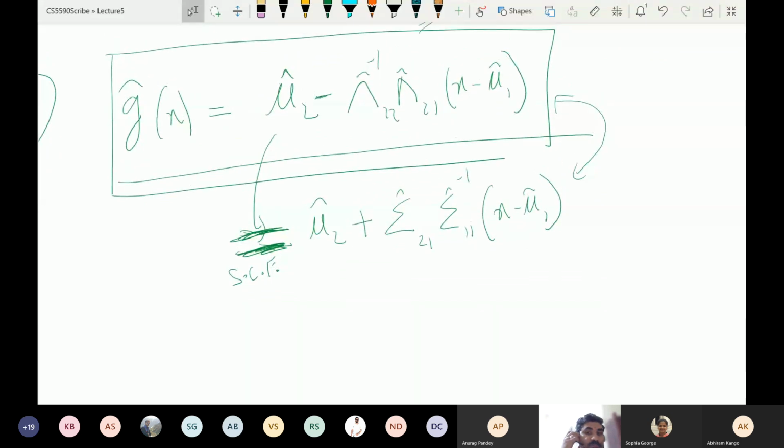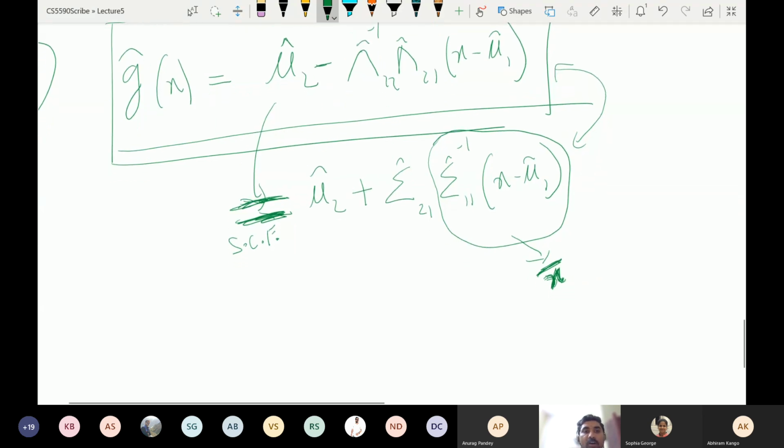Now, suppose I call this entire thing x bar, and I call g hat of x minus mu2 as some g bar of x.